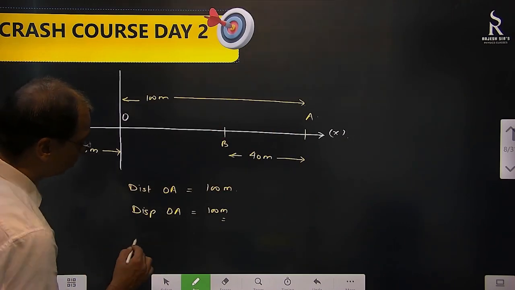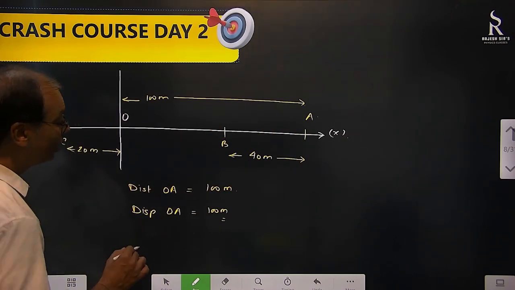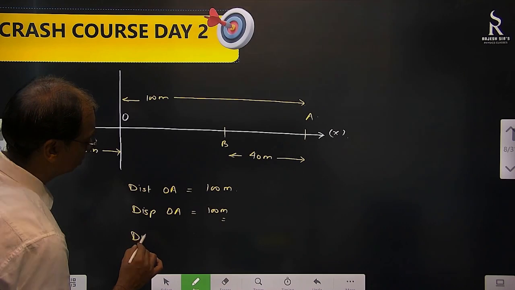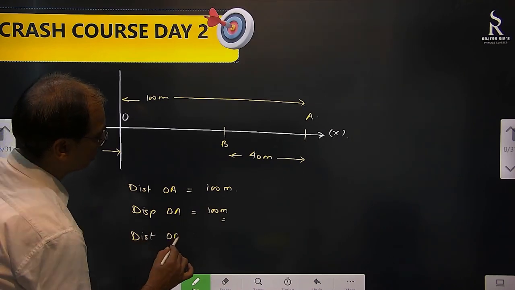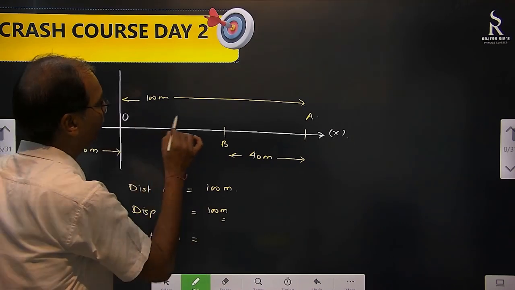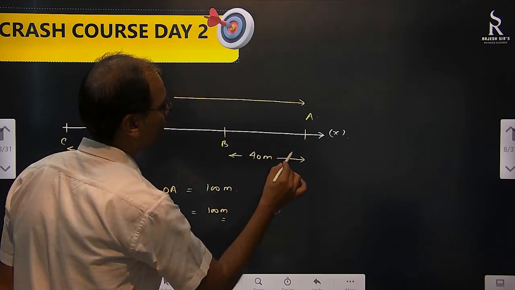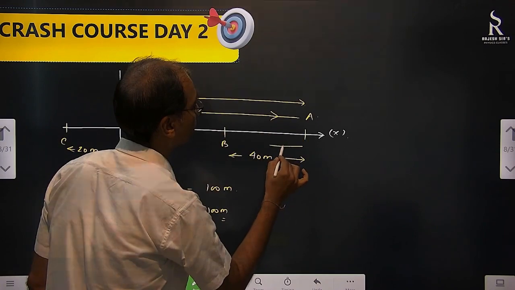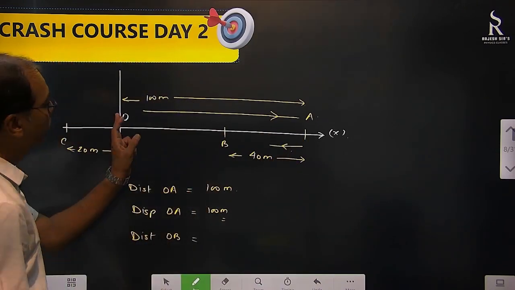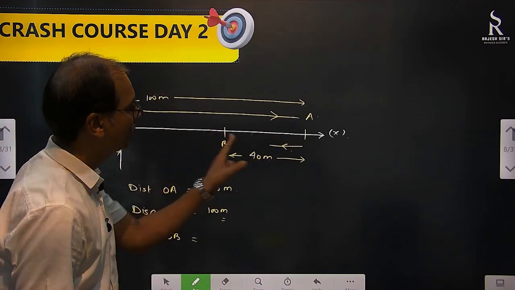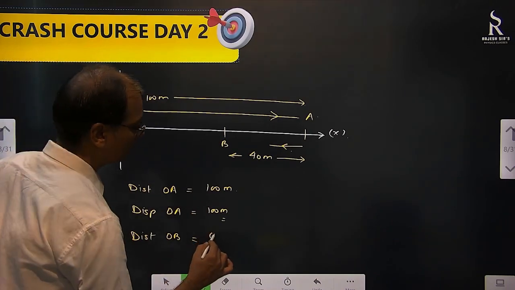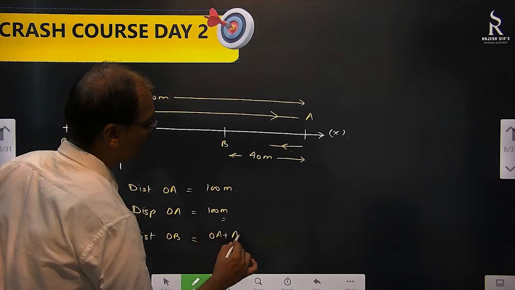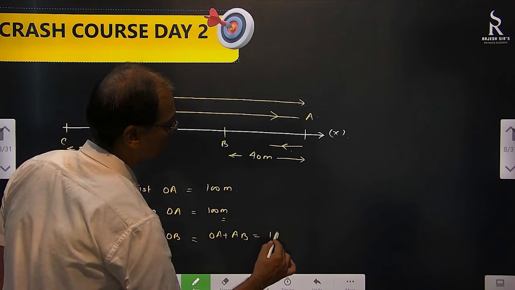Alright, now let's talk about distance OB. The distance OB is what? You travel like this and then you are turning back. First you went like this and now you are coming back. So when you talk about distance OB, there is OA plus AB. OA plus AB is how much? 140 meter.